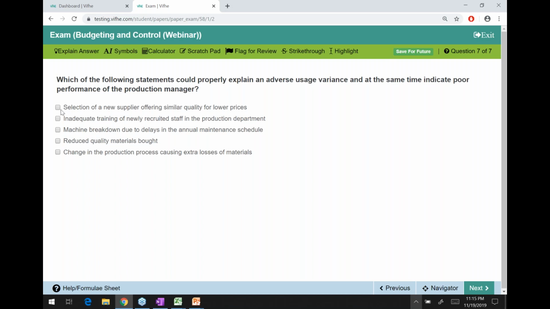So, selection of a new supplier offering similar quality for lower prices. Is this part of the production manager's performance? No. Prices have no connection with the production manager. Second, inadequate training of newly recruited staff in the production department. Is this the right answer, and for which the manager is responsible? Yes. Machine breakdown due to delays in the annual maintenance schedule. Is this the right answer?